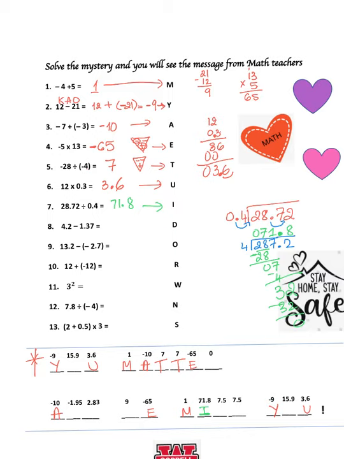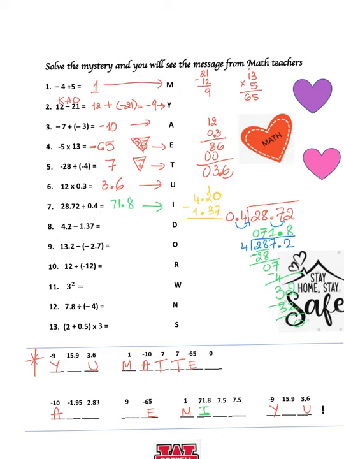All right, number 8. 4.2 minus 1.37. So we have to borrow a 0, fill in the 0. We're going to subtract. 0 minus 7, I can't do that, so I need to borrow 1.